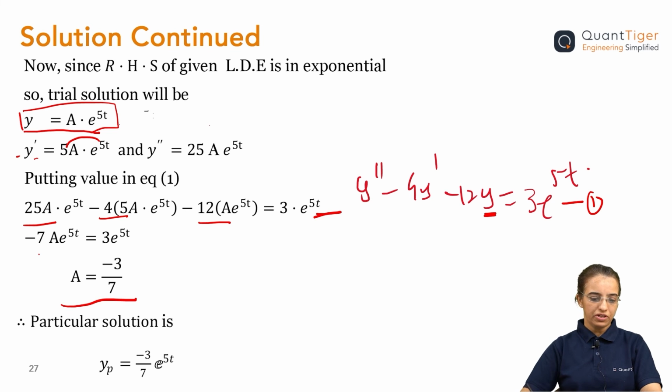After rearranging the equation, you will get the value of A, which is minus 3 by 7. This is how we get the particular solution. The value of A, minus 3 by 7, we write in the trial solution. That is nothing but our particular solution for this given question.